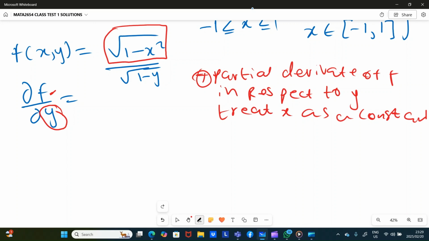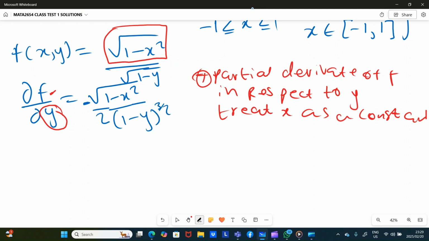So this now is going to be the square root of 1 minus x squared, divided by 2. It has to be negative. Then it basically becomes 1 minus y to the power 3 over 2.